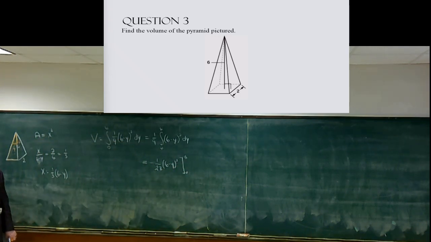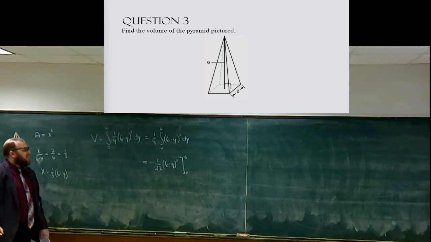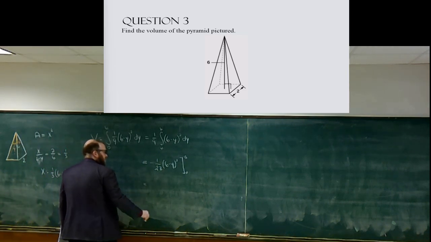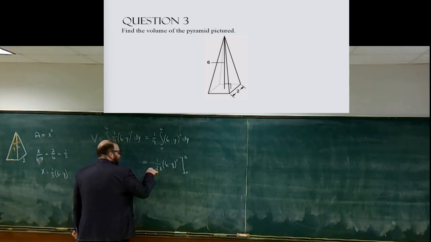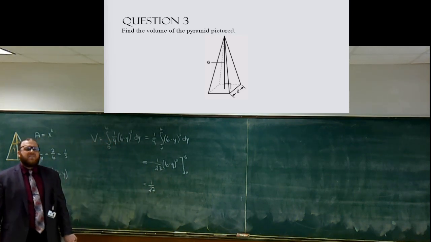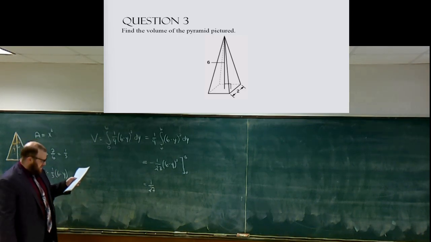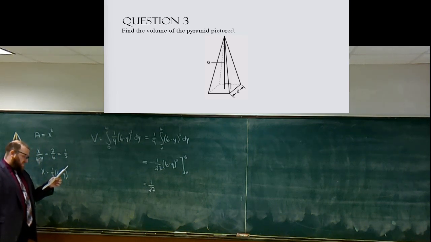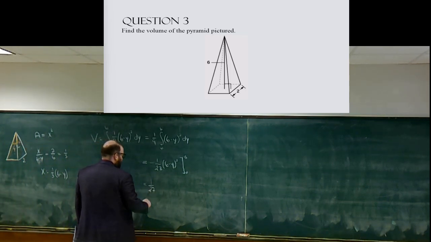At 6, you get 0, minus negative 1/27 times 6 cubed. It's 216.